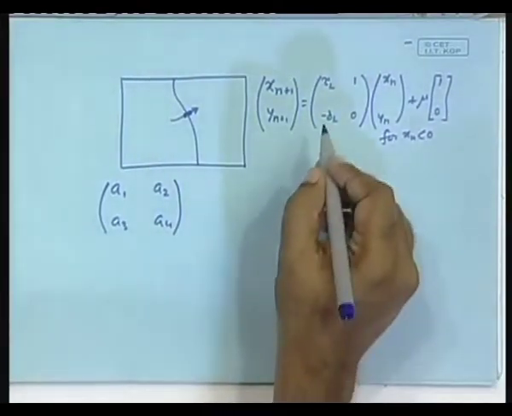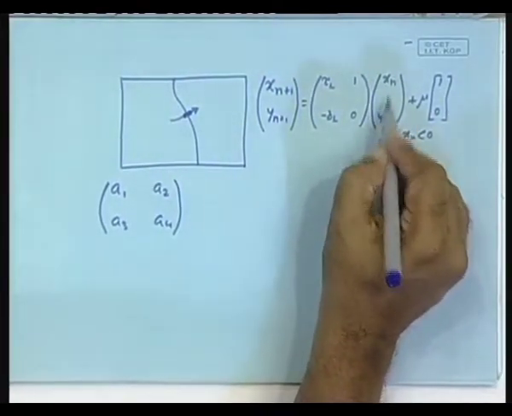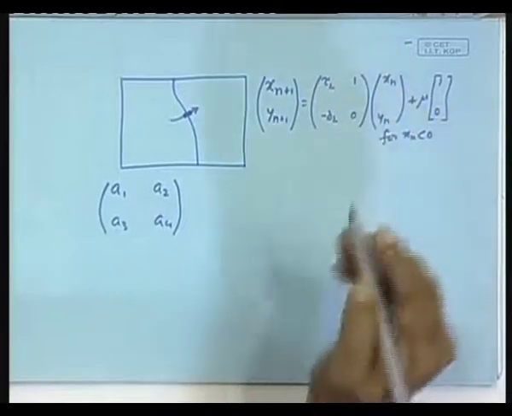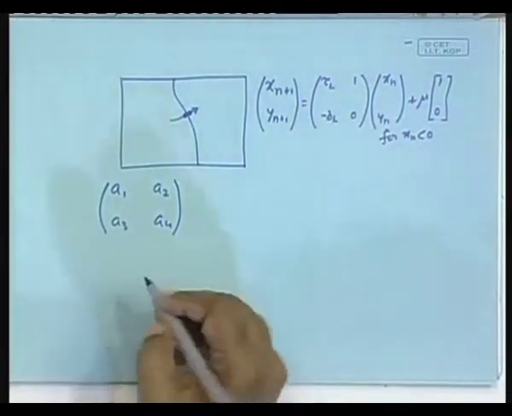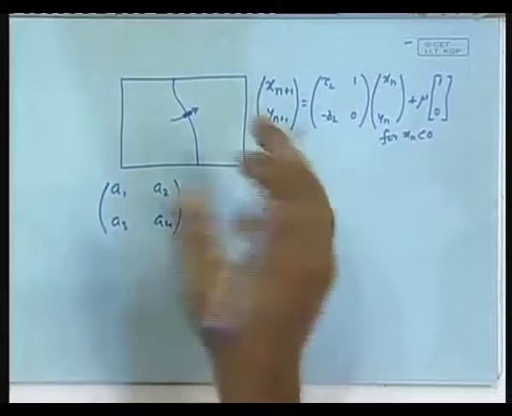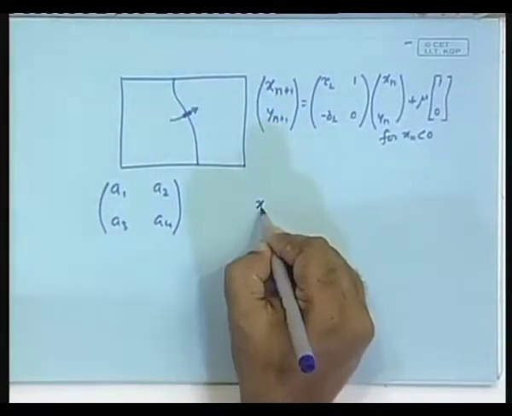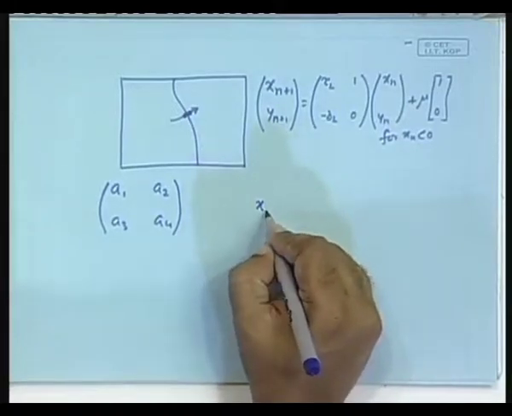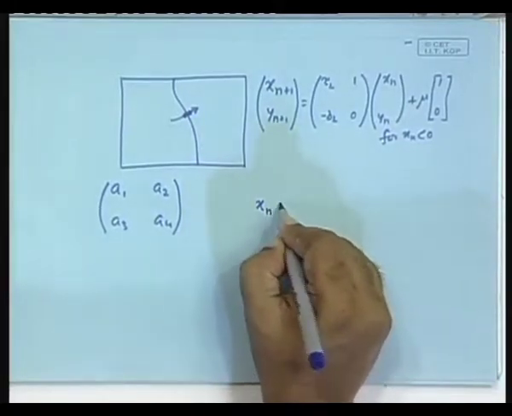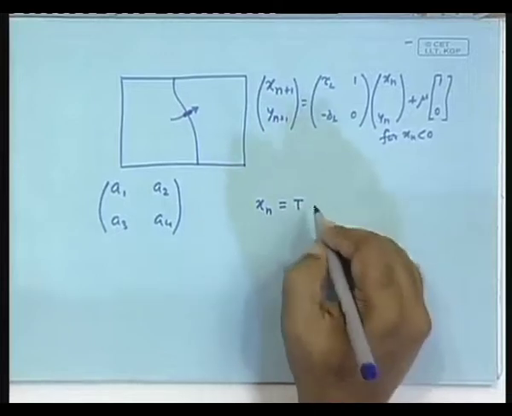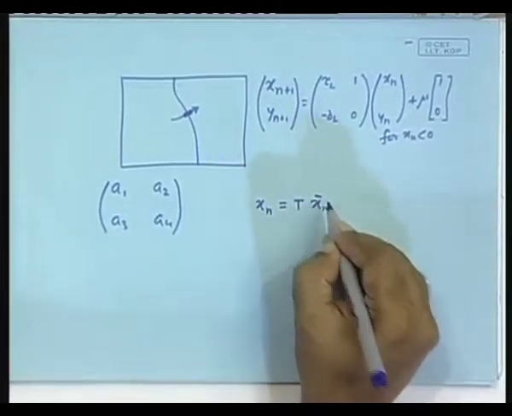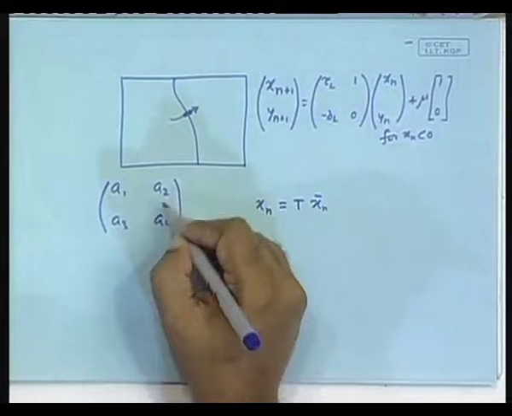If you transform the vector x n, y n, as say initially it was x bar and then you want to transform it to x. So, x n can be some matrix T times x n bar, where x n bar were the original ones.